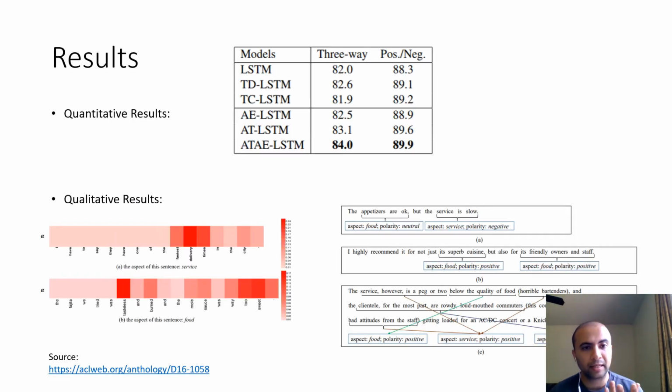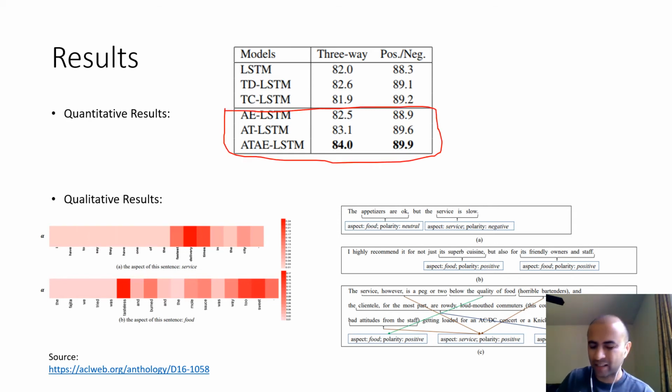So that's it. Let's look at the results first. The methodology follows, but I just wanted to present the results of the paper first. So the authors are comparing the performance of the three different architectures that I mentioned against some of the more standard networks, mainly LSTM, and then TD stands for target dependent, and TC stands for target connection.